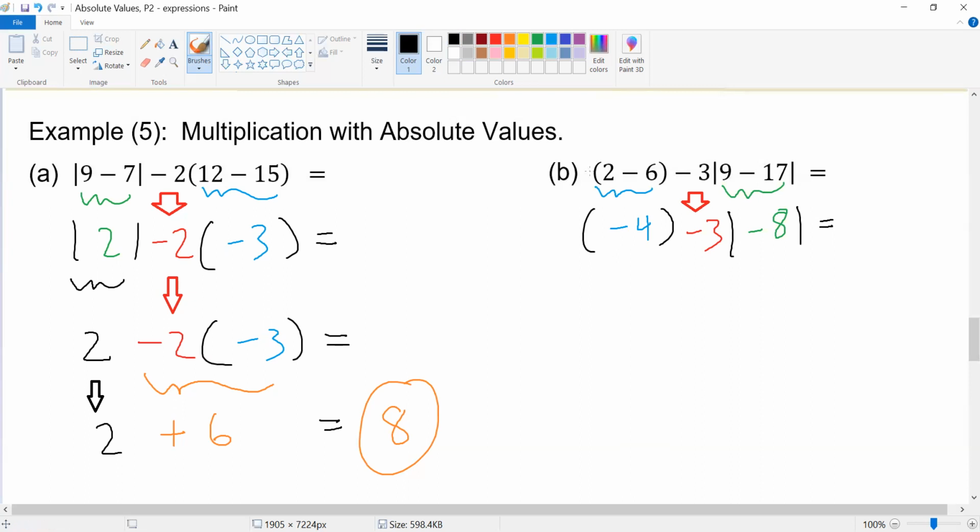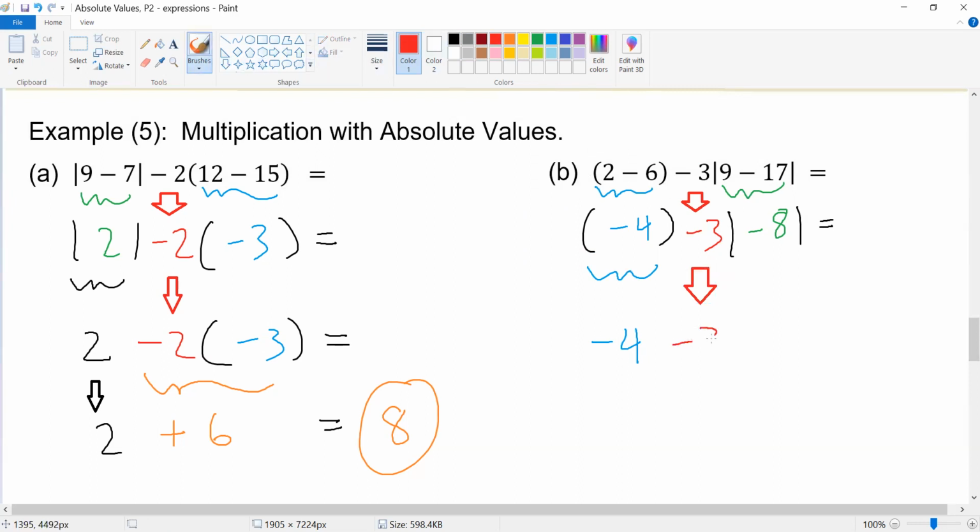So the first thing we have to take care of is the parentheses of negative 4. Since there's nothing in the front here we have to worry about, there's no multiplication, there's no addition, subtraction, etc. We're just going to have negative 4. But we cannot add or subtract anything or multiply anything until we take care of the absolute value of negative 8.